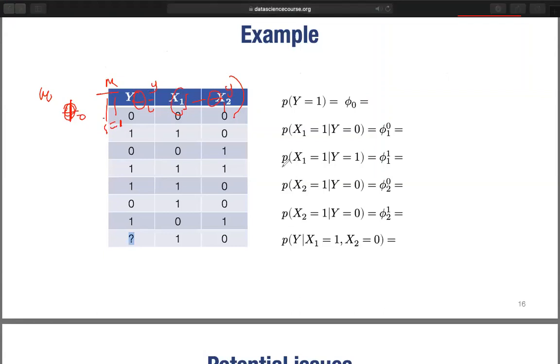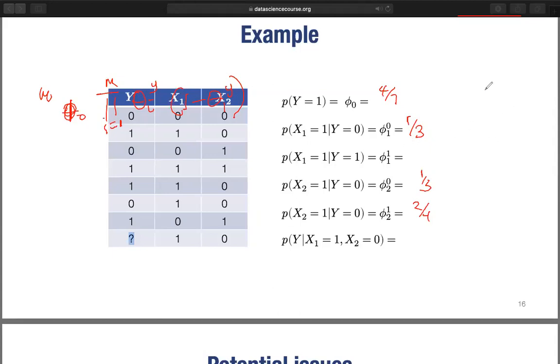I know this was 1/3. I know this one was 2/4. I know this was also 1/3.